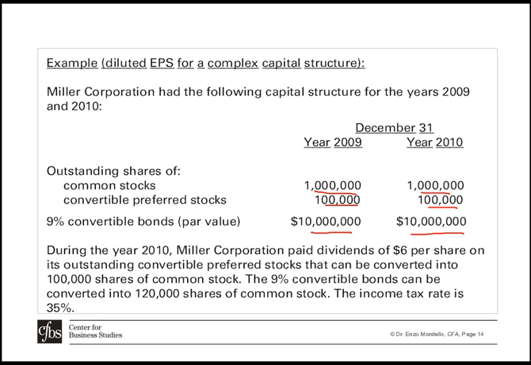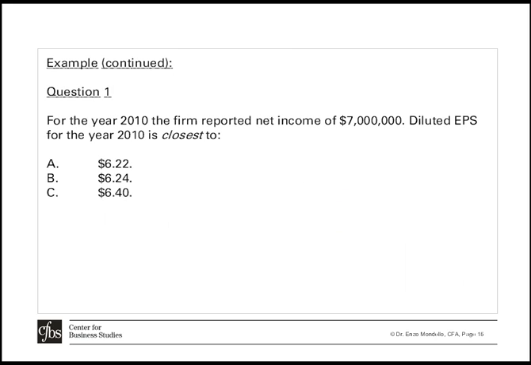And the 9% convertible bond can be converted into 120,000 shares of common stock, and we have an income tax rate of 35%. Okay, so let's take the question on the next slide. For the year 2010, the firm reported net income of $7 million, and now we have to calculate diluted EPS, watch out here, for the year 2010.